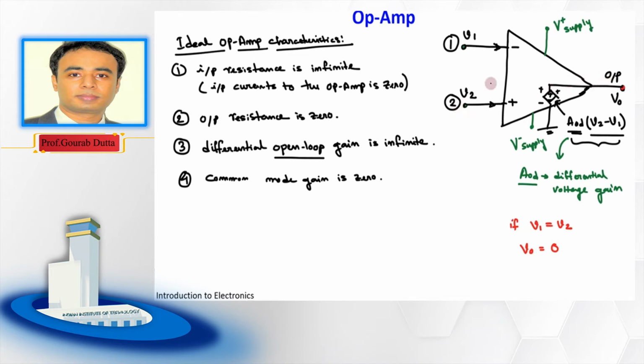So that way you can also think that this op-amp has the capability to reject the applied common mode signal. So this property is also called common mode rejection.